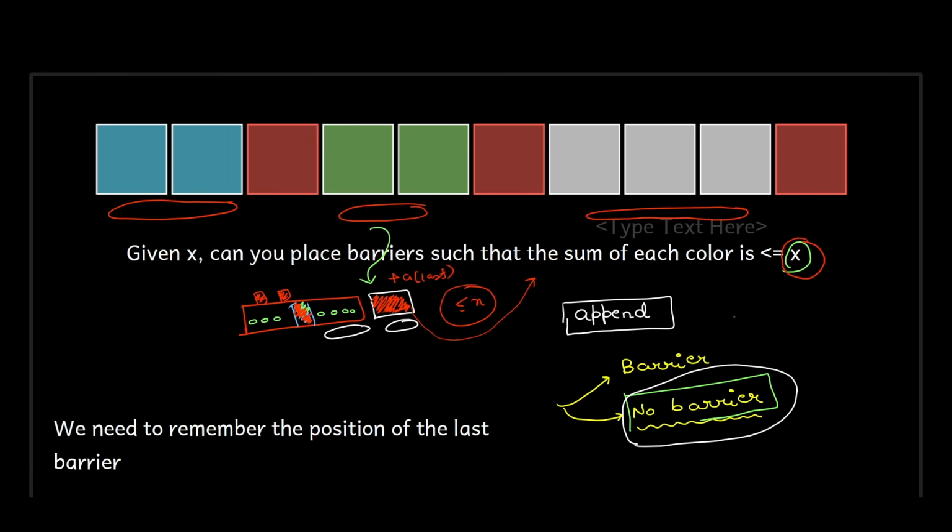This means that if you can place a barrier strategically such that the barrier sum you have created so far is the minimum possible sum, then this gives you the best chances of appending an element. Because when you append an element, if you treat it as a barrier, the sum of barriers will still be the minimum value. But if you don't want to treat it as a barrier, then you can still check the feasibility of that.